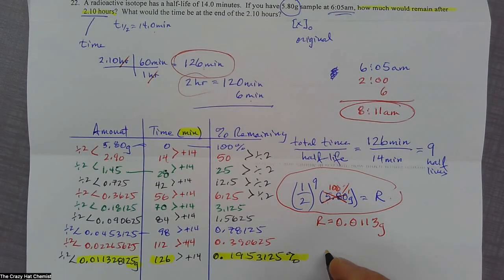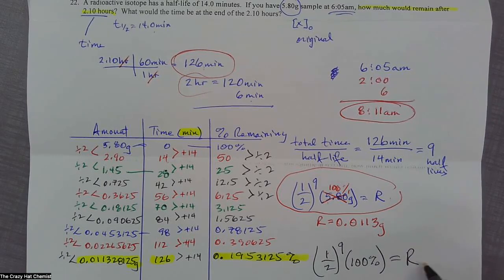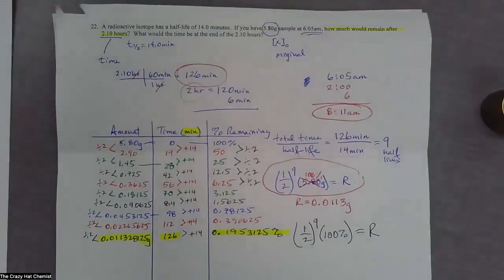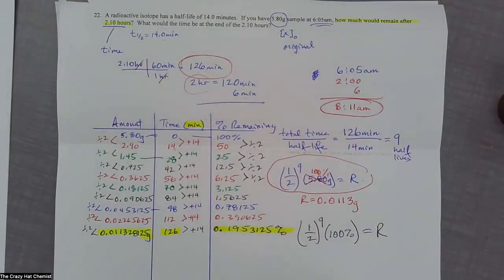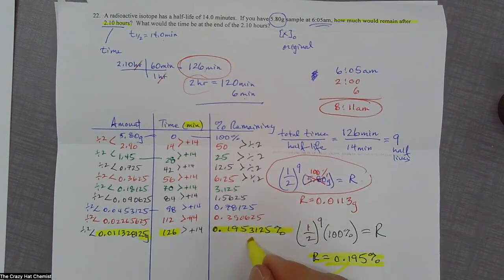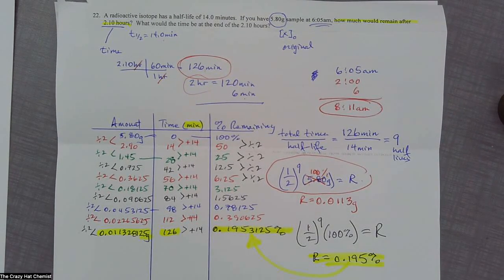I'll do this here in a different color. 1/2 to the power of 9, that's the number of half-lives. 100% is what we're starting off with, equals the amount remaining. So we are going to solve for R in this case, and let's see if we could do that. R is going to equal 0.195%. And that is our answer, and that is rounded to three significant figures, and yes, it does match that answer.